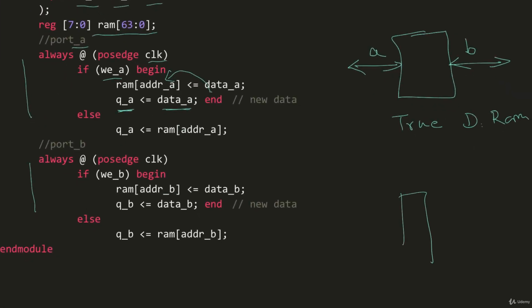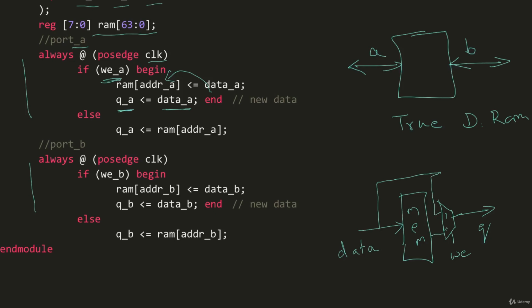So you have your memory, and you have Q output. You have this data that is coming in, and this data is given to your Q based on a condition, that is your write enable. So if your write enable is 1, then your data is given directly.